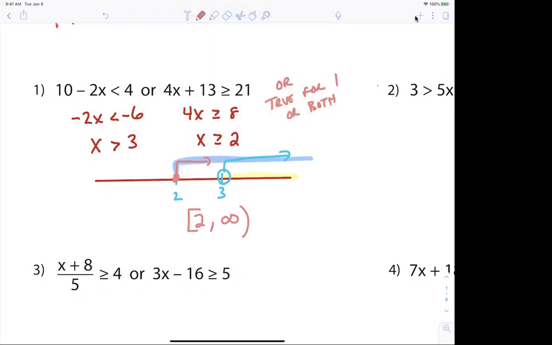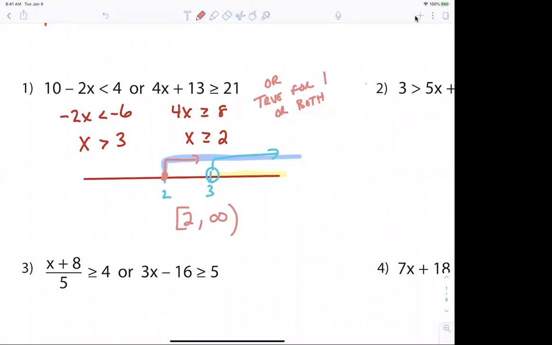Now again, that was the hardest concept we had last year, which was tricky for a lot of kids. It is kind of a review. We'll get to the and statements also, but right now, that would be a different answer if it was an and statement.